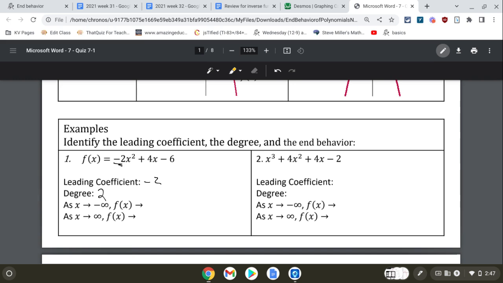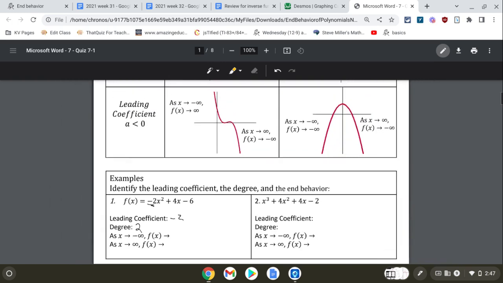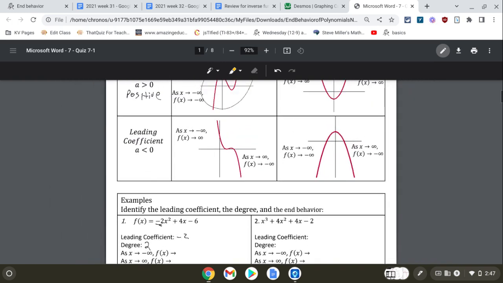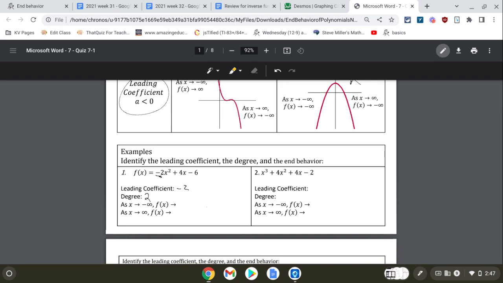Now that tells us which of our 4 cases we're going to be playing with. Because the leading coefficient's negative, I know we're there. And because the degree is an even power, I know that we're here. Okay. So I know that the general shape of my graph is going to be one of those down and down functions.